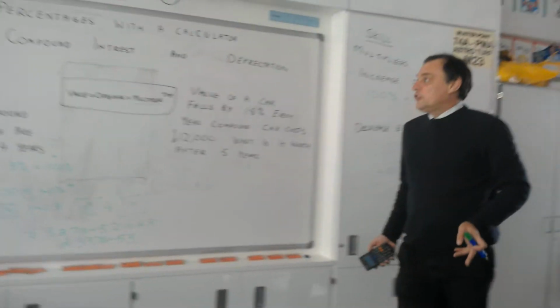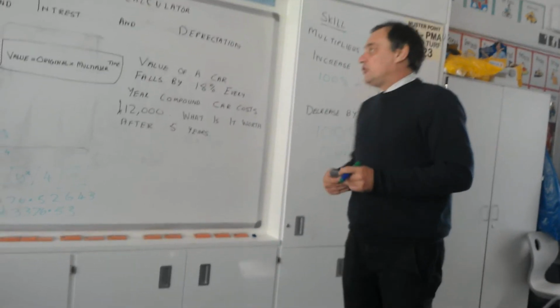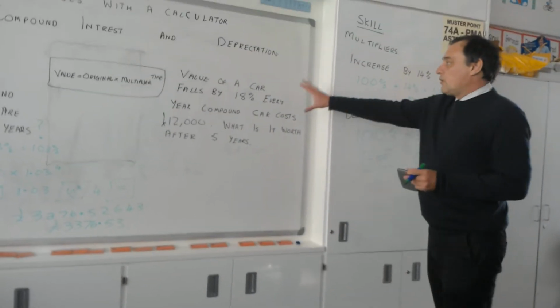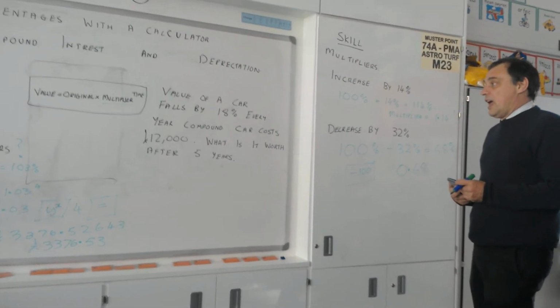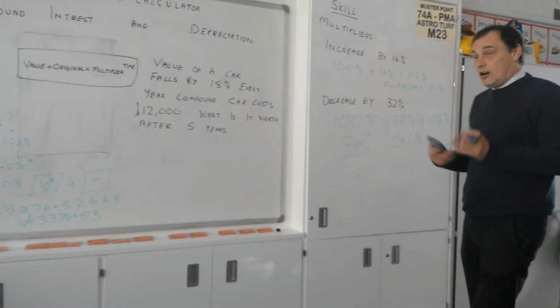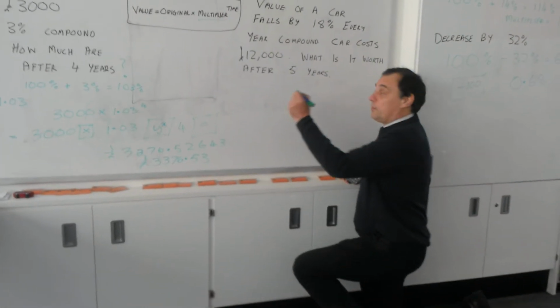Okay, depreciation. Now, interest, compound interest going up, as we said earlier, depreciation is going down. So we've got the value of the car falling by 18% every year compound. The car costs £12,000 to start with. What is it worth after 5 years? So first of all, we've got to work on the multiplier.